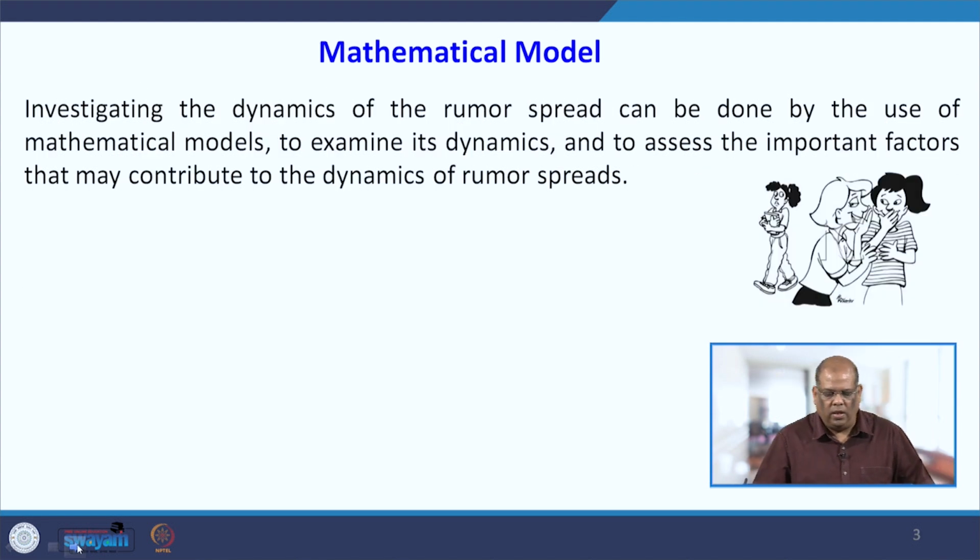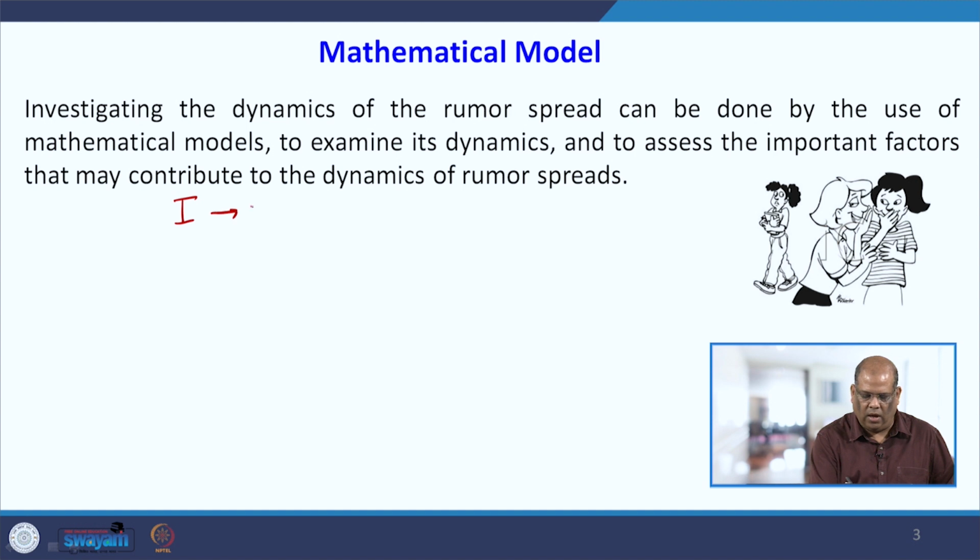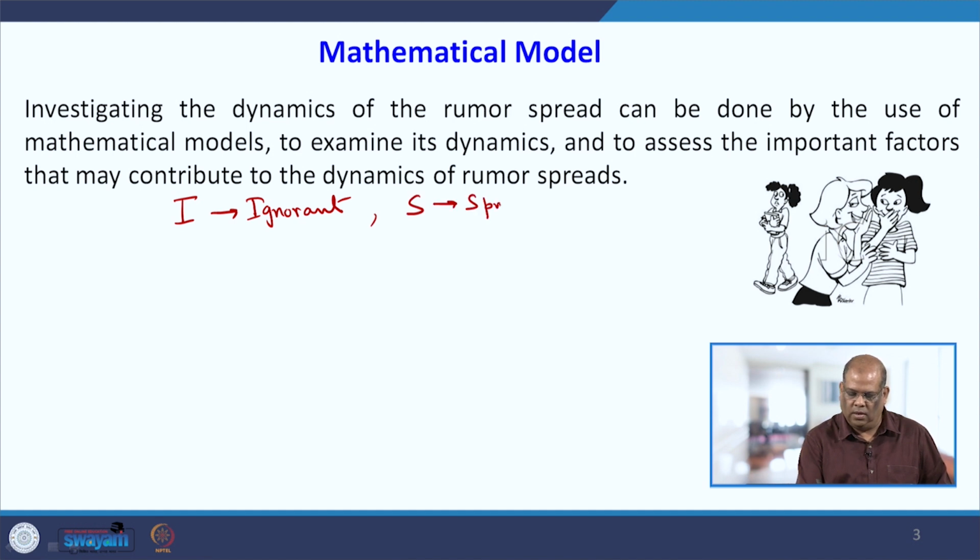To start with, let us divide the individuals into three categories. The very first one is ignorant. Ignorant are the ones who don't know about the rumor. Then come the spreaders, who obviously are the ones who spread the rumor.